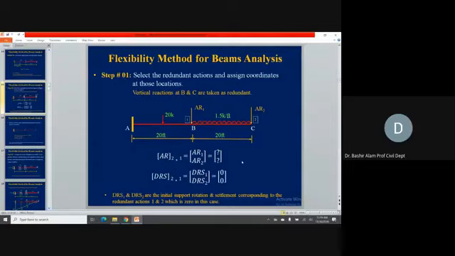So now here we don't have any settlement at B, no settlement at C. So we record them equal to 0, 0. So DRS1 and DRS2, these are the initial support rotations and translations corresponding to the redundant actions 1 and 2, which are 0 in this case. So that's why this matrix is becoming 0.